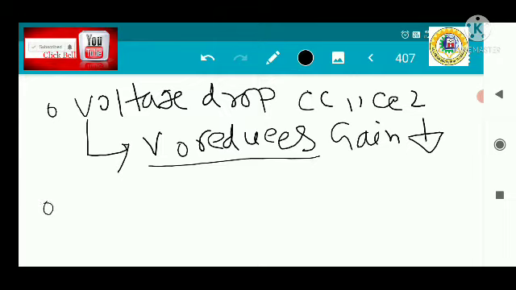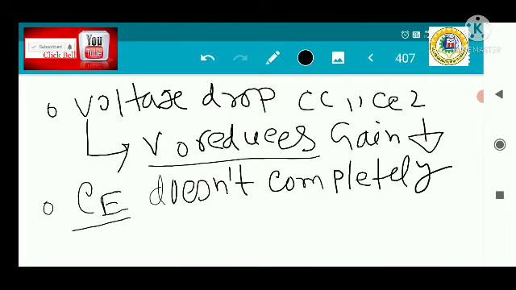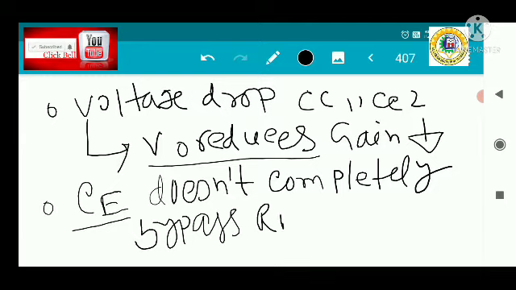There is another factor: the emitter bypass capacitor, used to bypass the resistance at the emitter section, is not able to bypass RE completely.